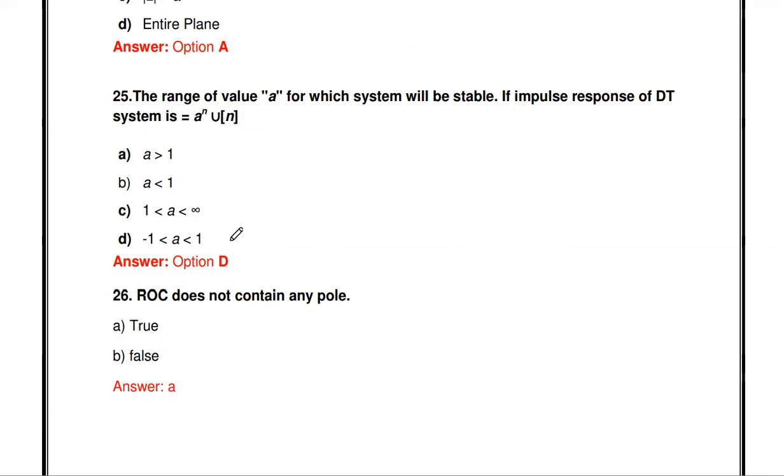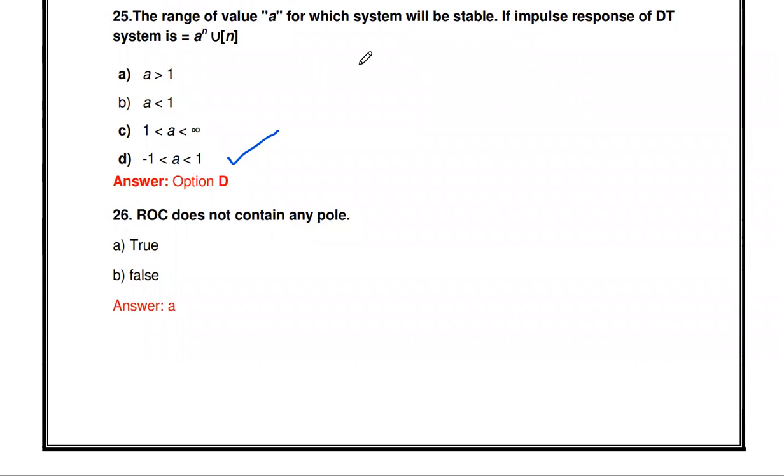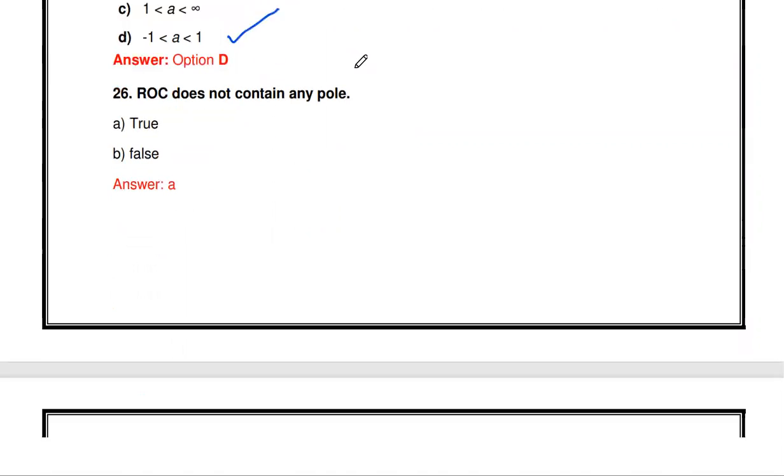The condition is that a should be between -1 and +1. Under that condition only, that discrete system will be stable. Okay, for the remaining values of a, the system is unstable.